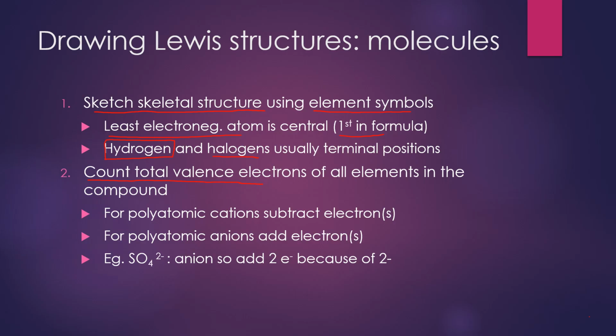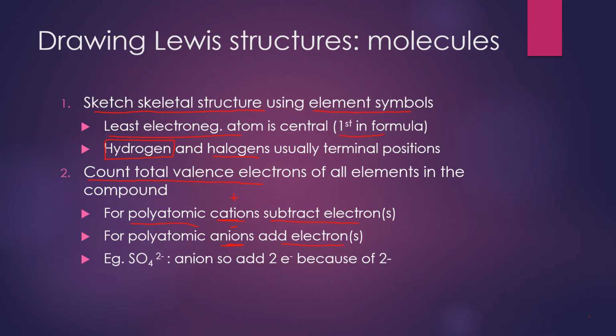What I want to point out now is that if you have a polyatomic ion of any sort, so when I say a polyatomic ion, what I'm talking about is if you have covalently bound atoms with a charge, whether it's a cation or an anion, you need to take that into account when you're counting your total valence electrons. If it's a cation, so if it has a positive charge, you're going to subtract that number of electrons. If it's a polyatomic anion, so if it has a negative charge overall, you are going to add electrons.